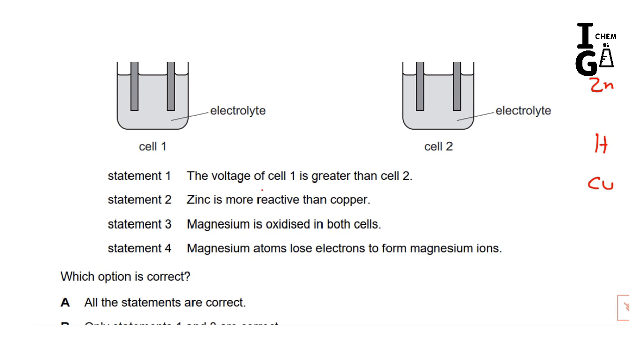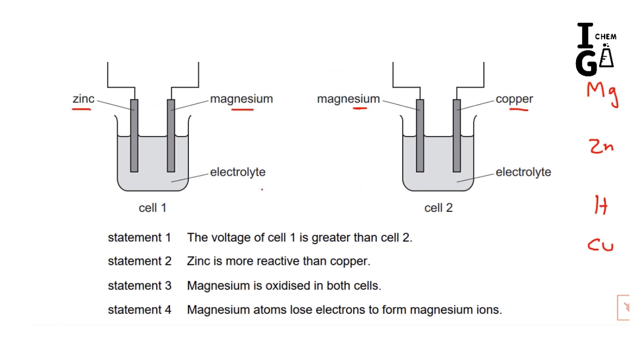The voltage of cell 1 is greater than cell 2. Cell 1 here is zinc and magnesium. Let's check, guys, the distance between zinc and magnesium and the distance between magnesium and copper. So this is magnesium and copper. So of course the voltage of cell 2 should be greater than cell 1.